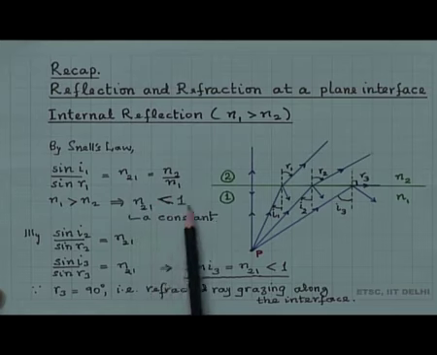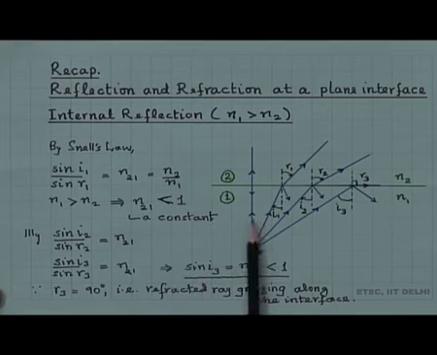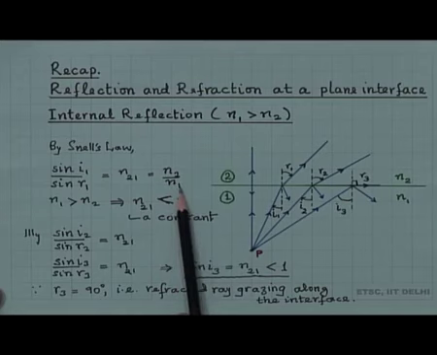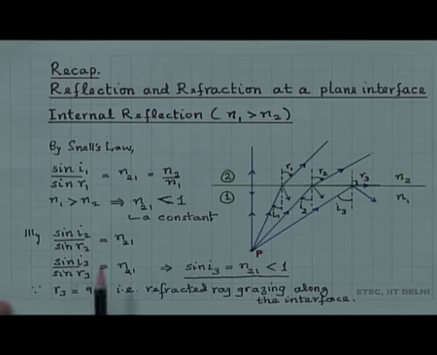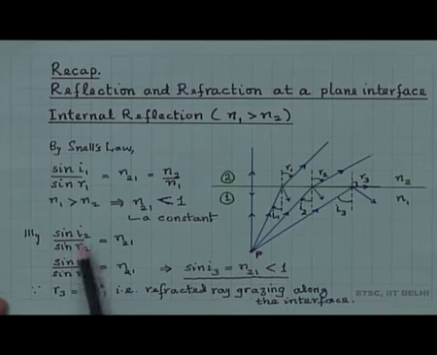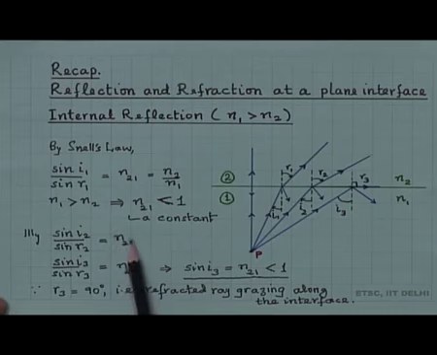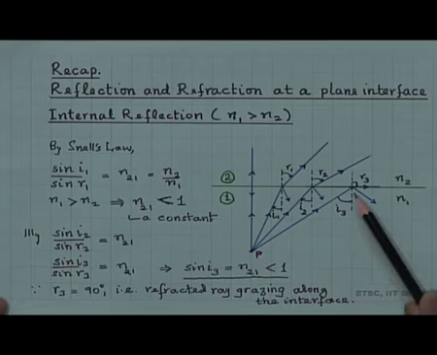In this case N21 is less than 1 because N1 is the denser medium and N2 is the rarer medium. So N1 is larger than N2 and therefore N21 is less than 1. Therefore, when you write sin I2 by sin R2 equal to a quantity less than 1, obviously R2 is larger than I2.